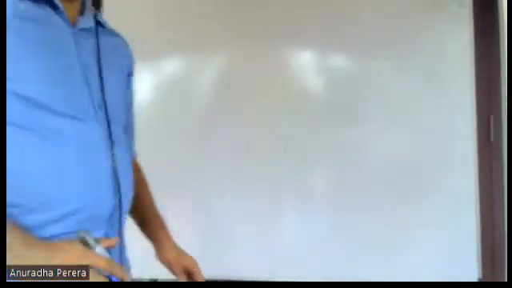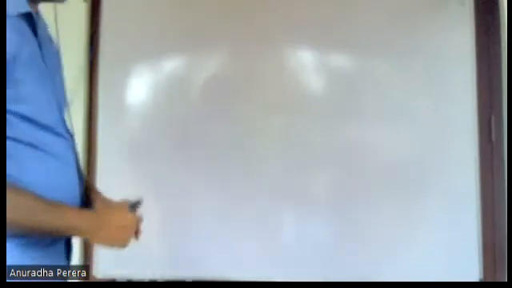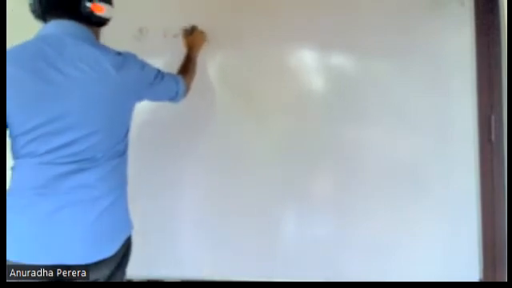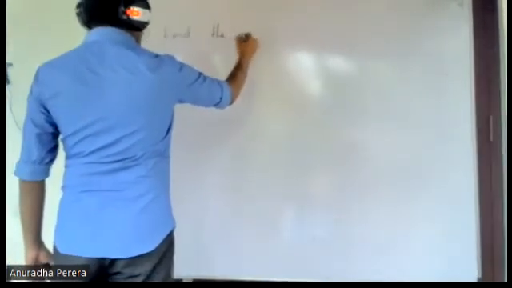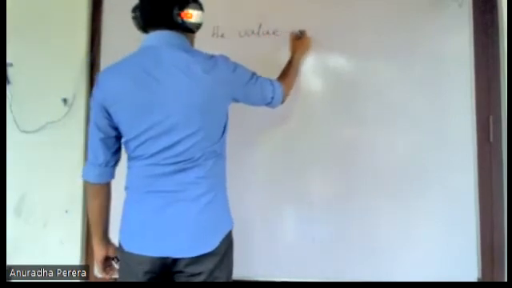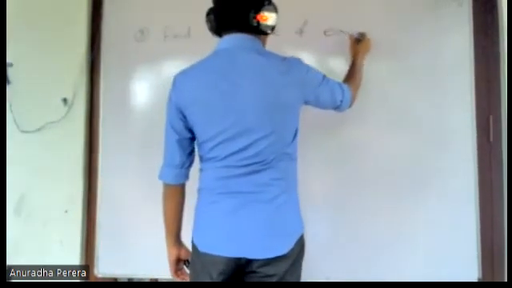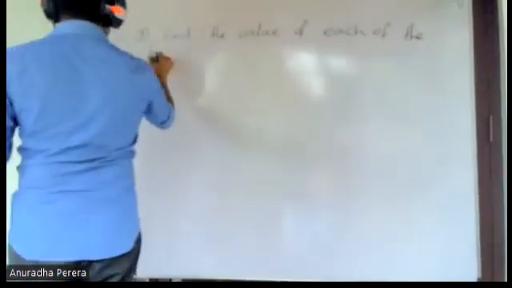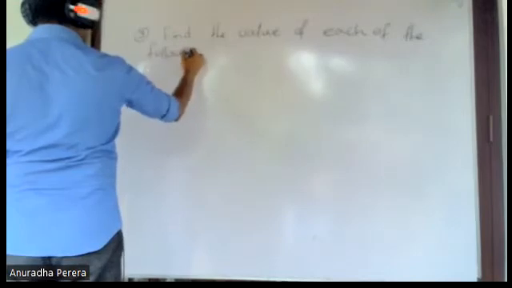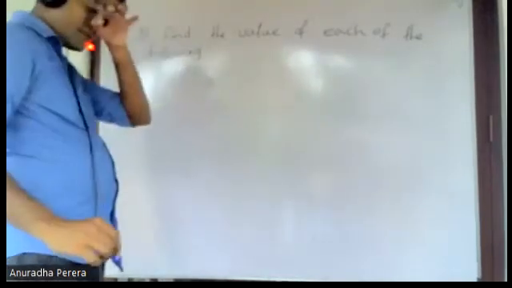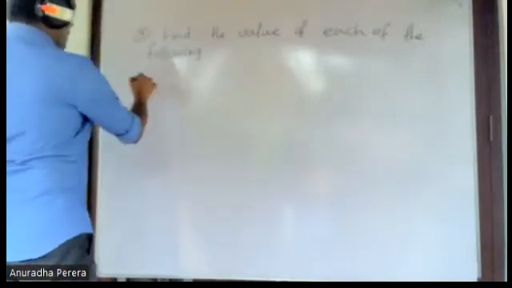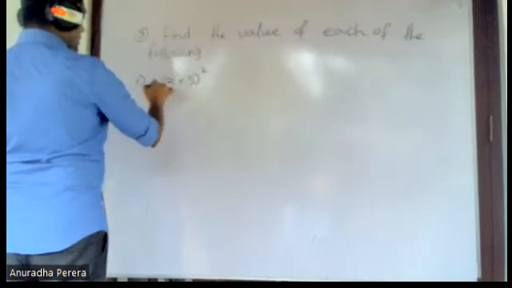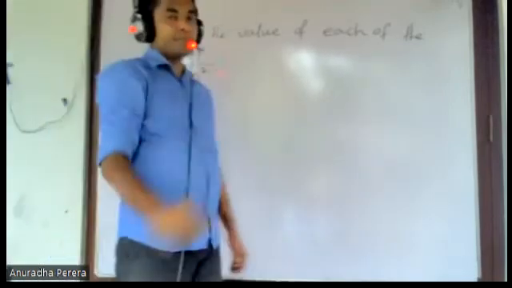Write down, find the value of each of the following. Right? Look at this, son. 2 times the square root of 5 squared.